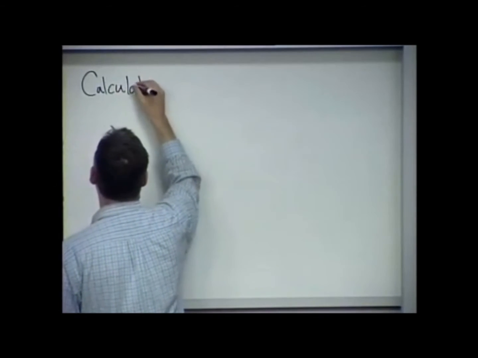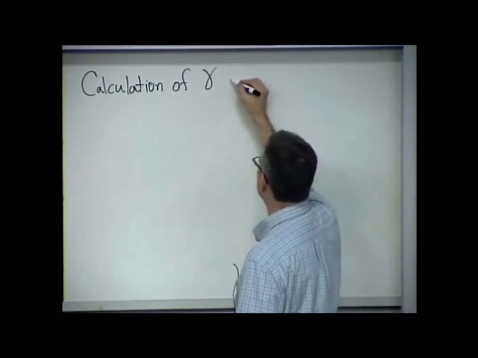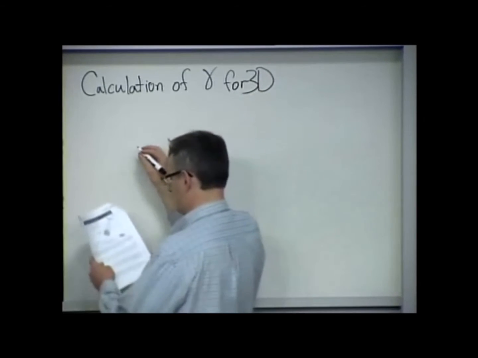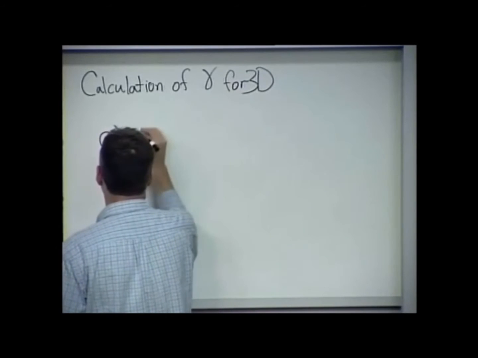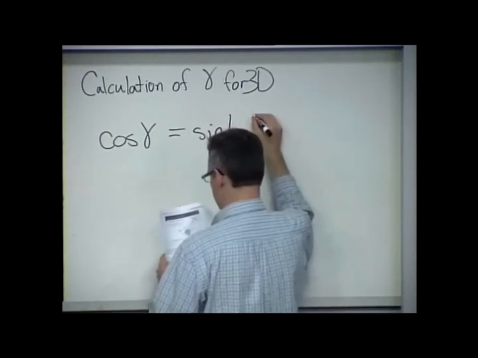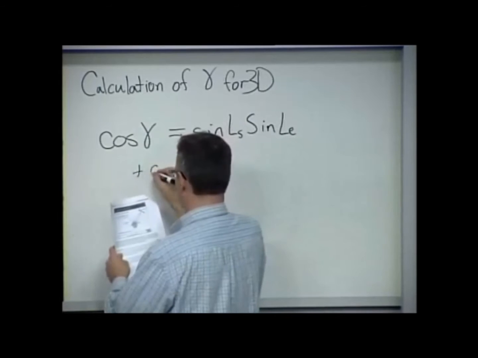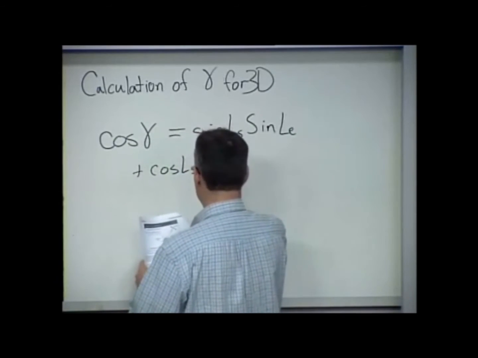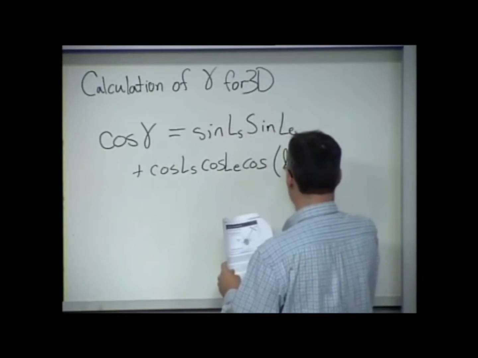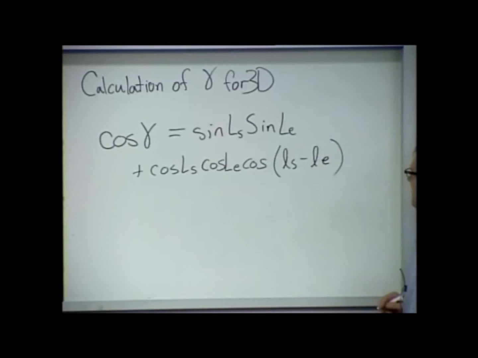Calculation of that subtending gamma angle for 3D: the cosine of that gamma is equal to sine L sub s sine L sub e plus cosine L sub s. Got to look at my notes, make sure I don't mess this up. Too dangerous to do it from memory. This is too important of a formula. And there we have it.